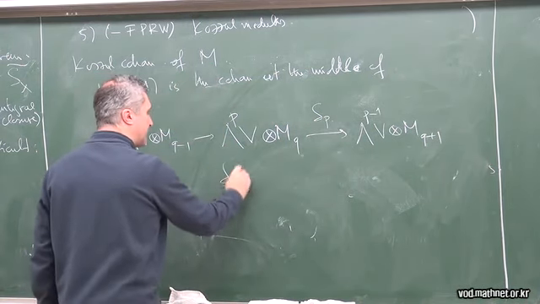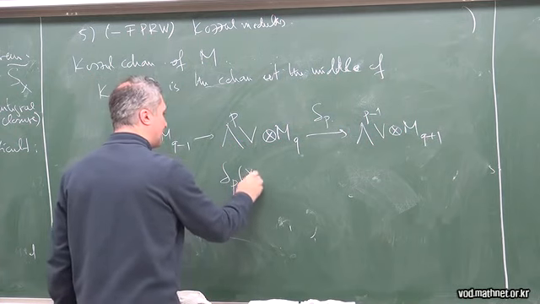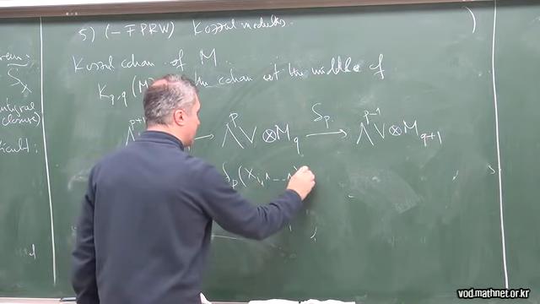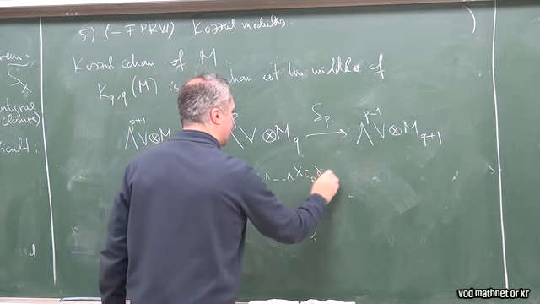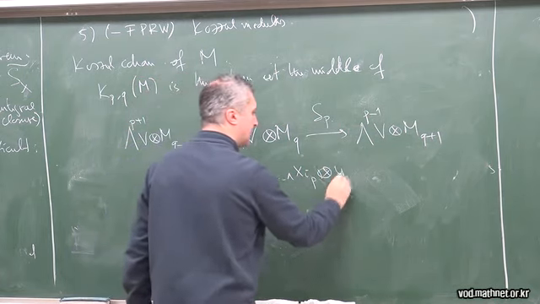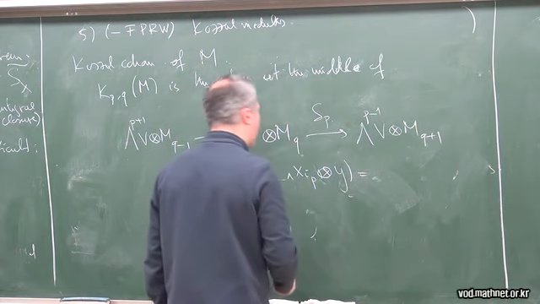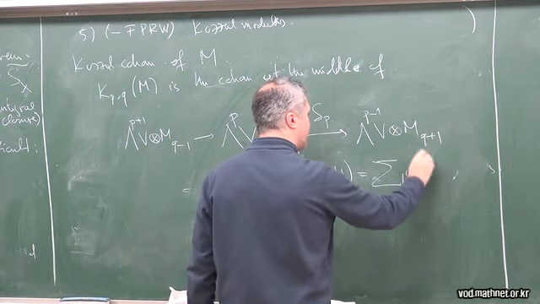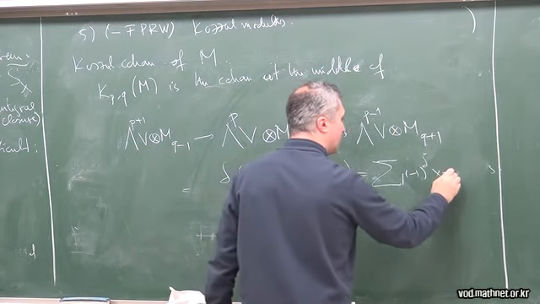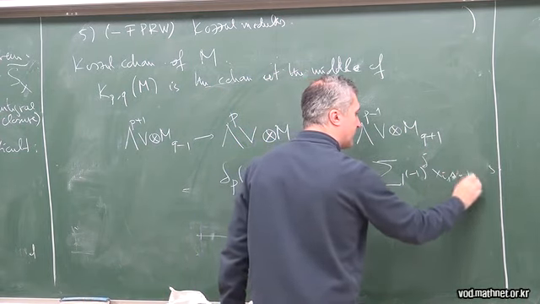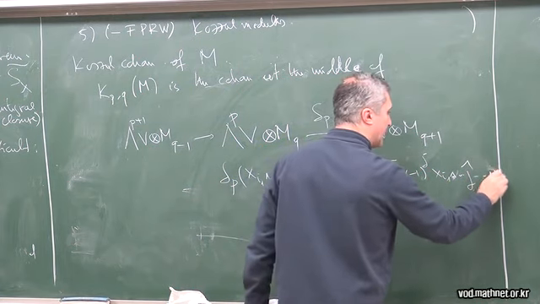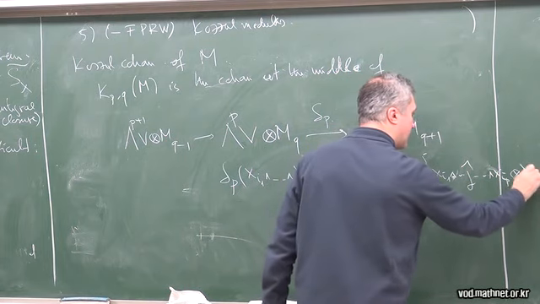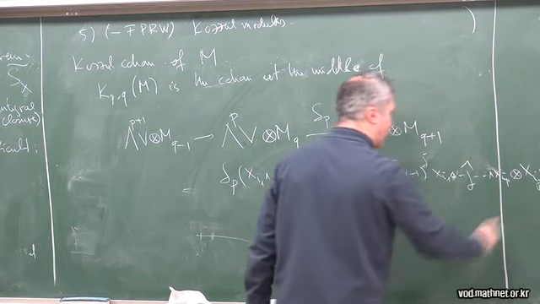So delta p acts as follows: delta p of xi1 wedge ... wedge xip tensor an element y is the sum of (-1)^j xi1 wedge ... we remove what's in position j, xij ... wedge xip, and we add xij multiplying by y.